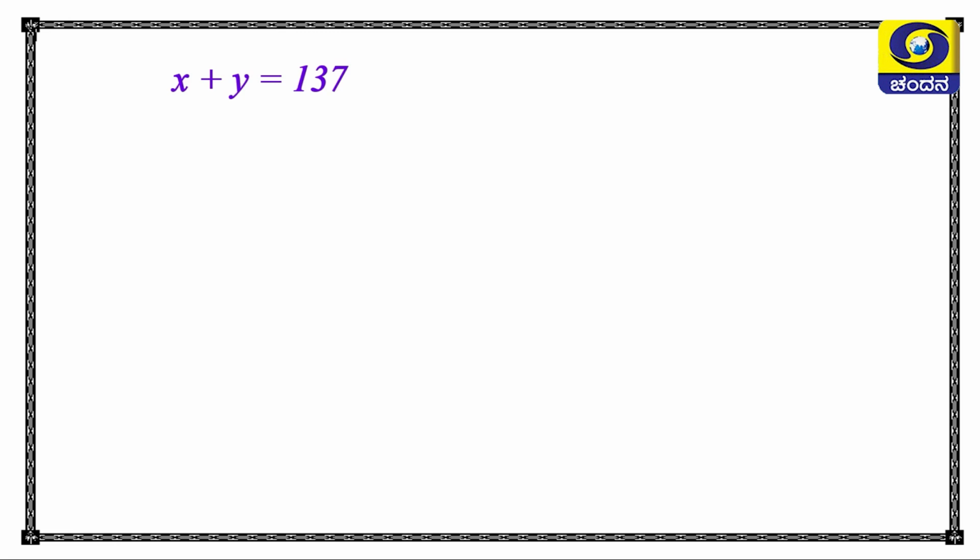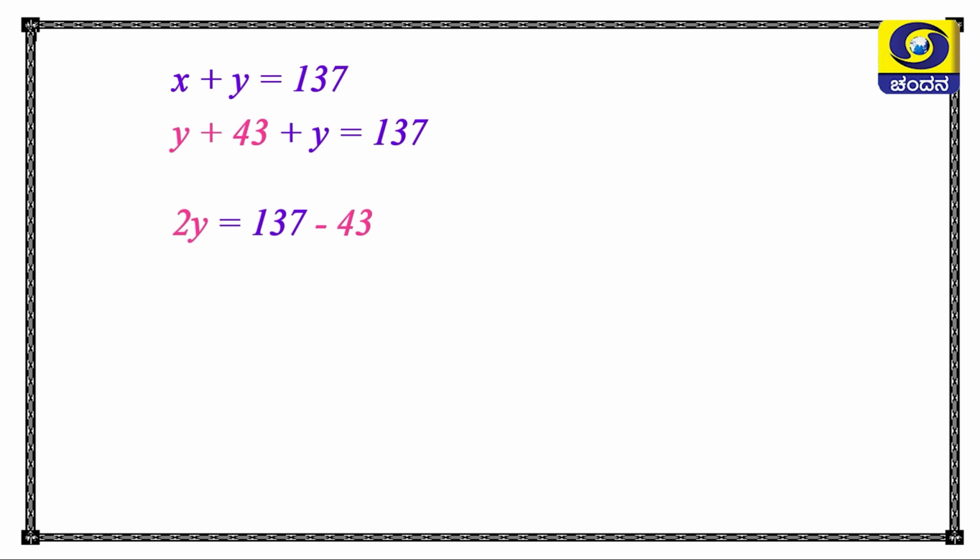This is the first equation. So in place of x, I am substituting the value y plus 43 plus y is equal to 137. Y plus y, that is 2y.